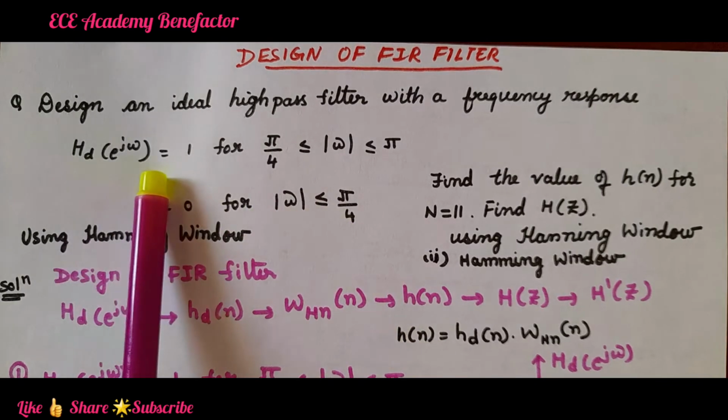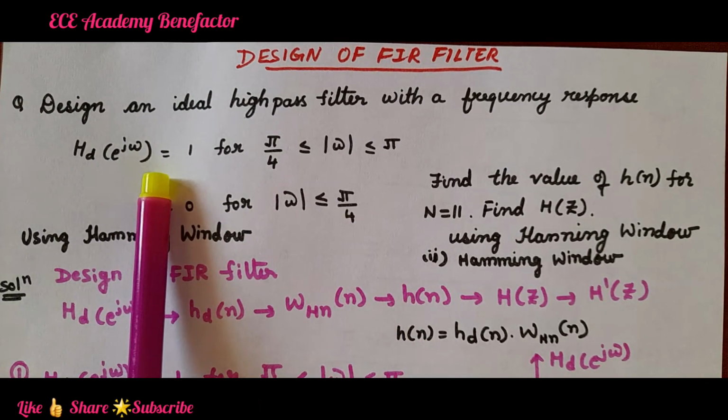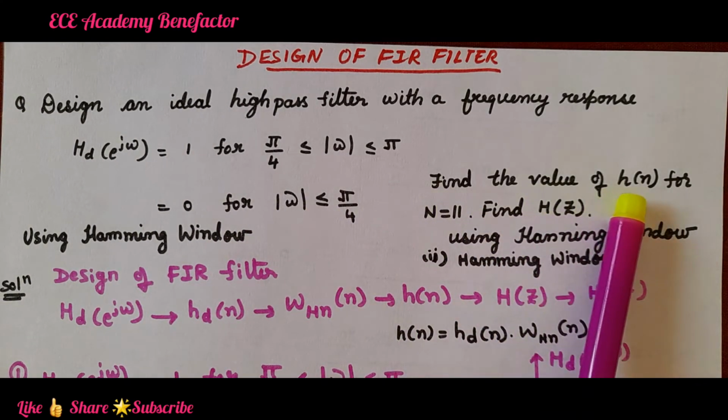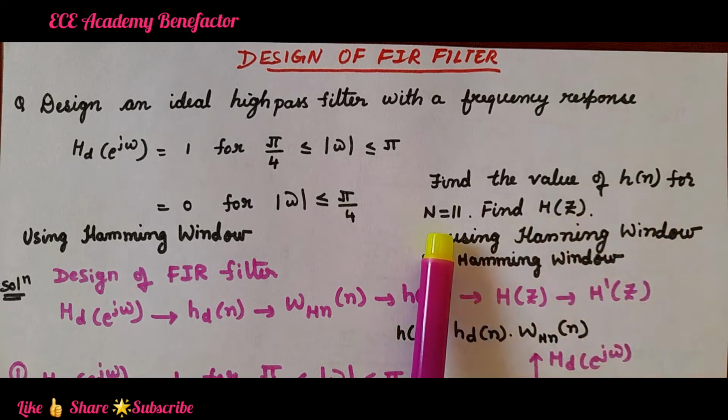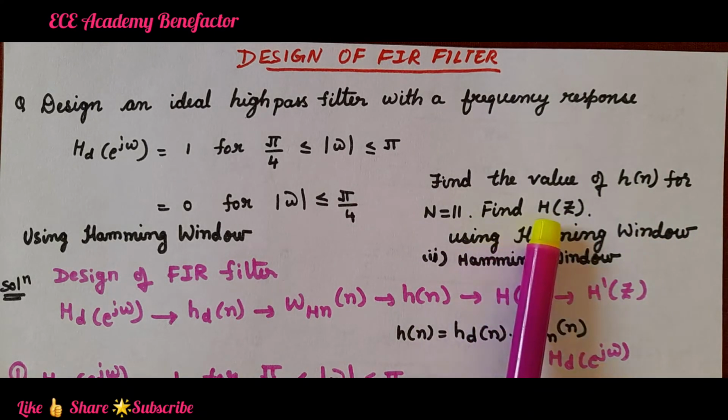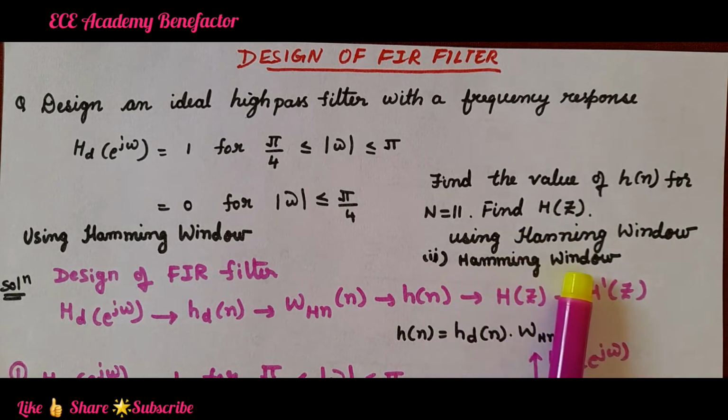So, the desired frequency response of an ideal high pass filter is given to us, and we are required to find the value of h of n for capital N equal to 11, and also find h of z using Hamming window.